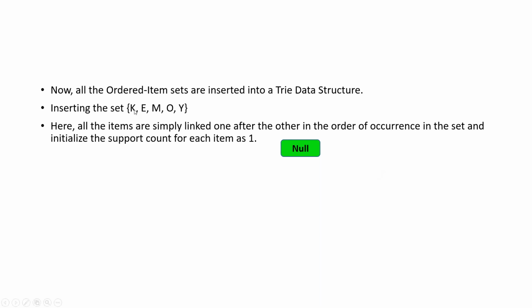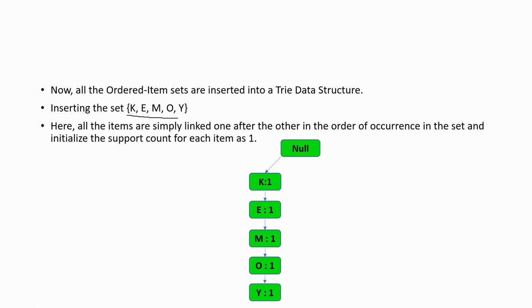Then the first item in that order is K. We'll write K, then it is E. We added K, then E. Then we will add M, then O, then Y. Then we write the number of times these items are appearing.